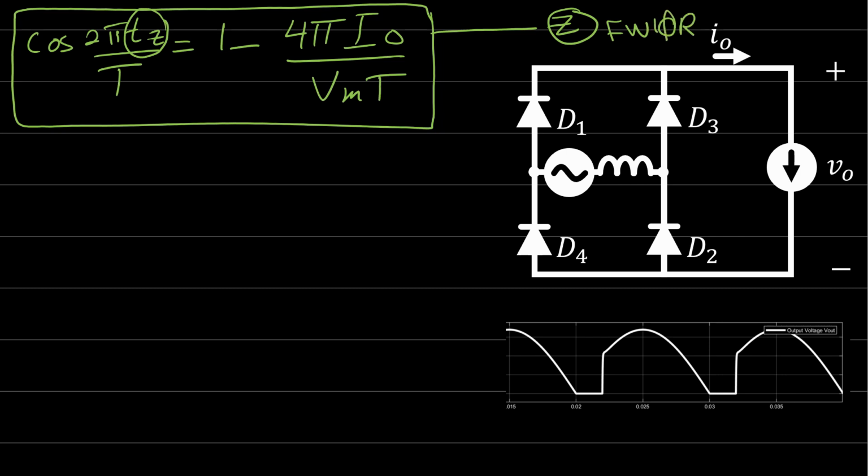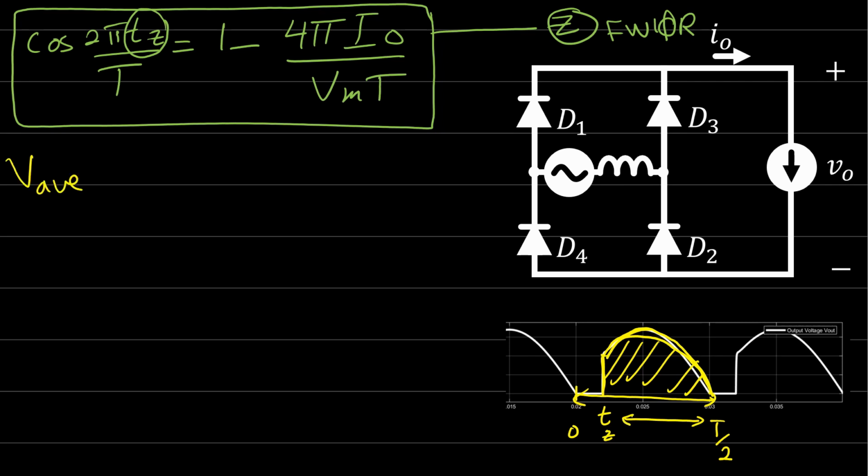Okay. Now the average value for this voltage is the value of this portion here, and we can take the average from 0 to T over 2, with the integration from Tz to T over 2. So the average value here is equal to how much?